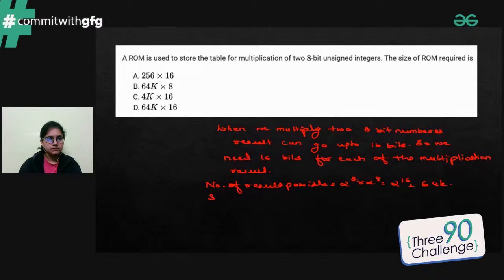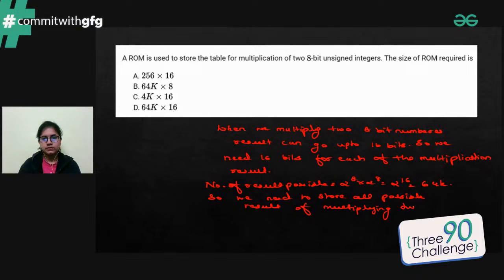So we need to store all possible results of multiplying two 8-bit numbers.